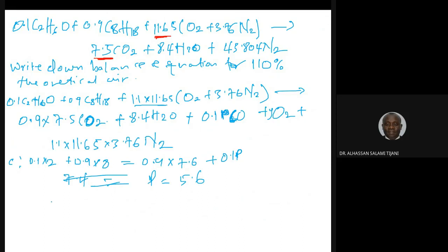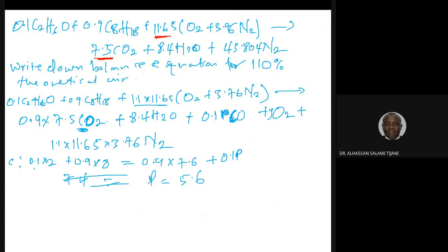Let me cross-check this answer again. So here I have 0.1 times 2, is this correct? 0.9 times 8. Then I have carbon again in this equation, so 7.5. Oh, yes, I made a mistake here.